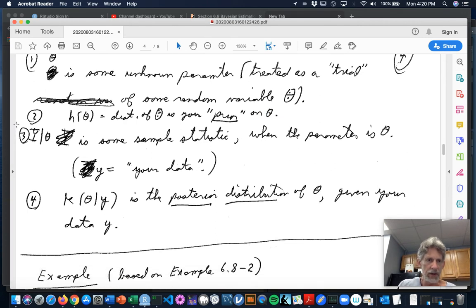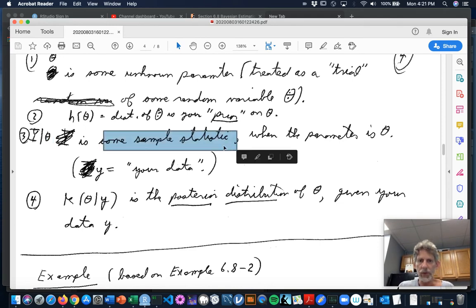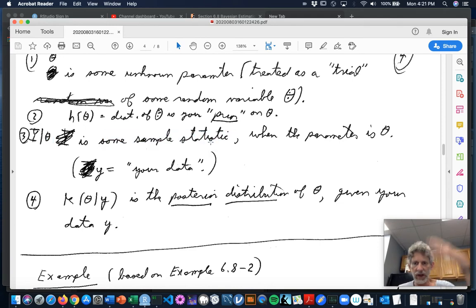Okay, thing three, your evidence, your data, your capital Y, is always going to be conditional on what the value of capital theta actually turned out to be, what the little theta really is. And it'll generally be some kind of sample statistic, like the number of successes in trials, or a sample average from some distribution.